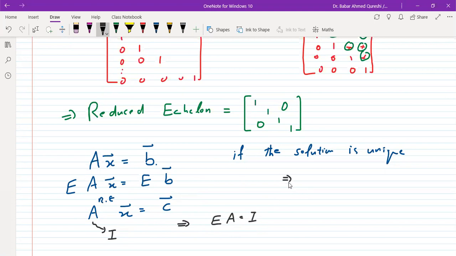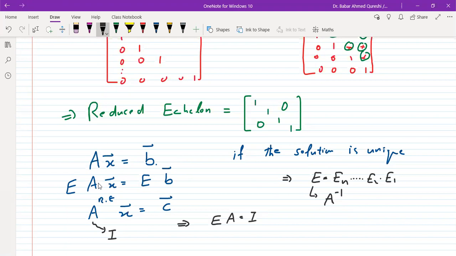So this means that this E, the product of all these elementary matrices, is just the inverse of A. So when I try to put this A into reduced echelon form, my reduced echelon form will turn out to be the identity.